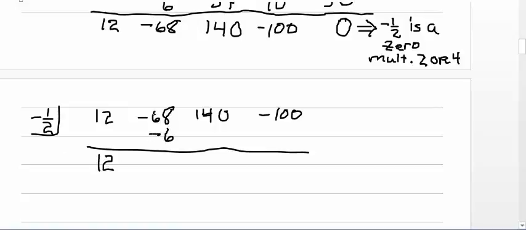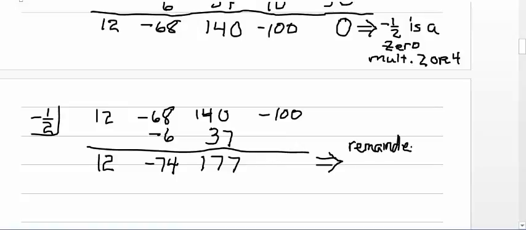So let's repeat the process. Negative 1/2 times 12 is negative 6, plus negative 68 is negative 74. When I multiply that by negative 1/2, I get 37. When I add that, I get 177.